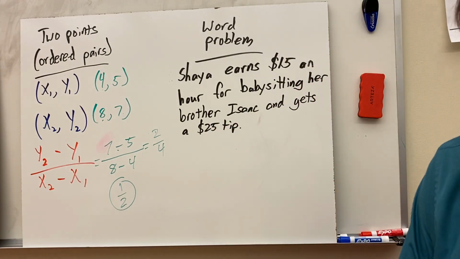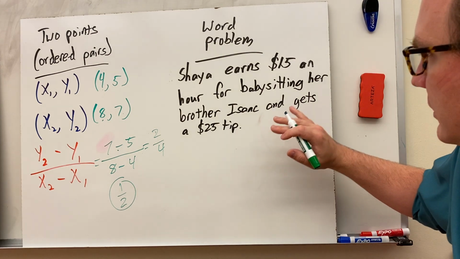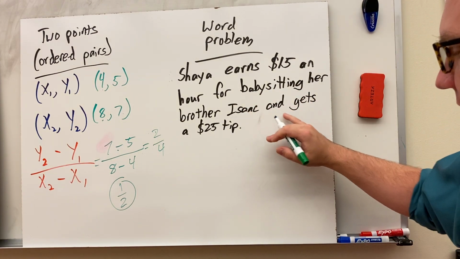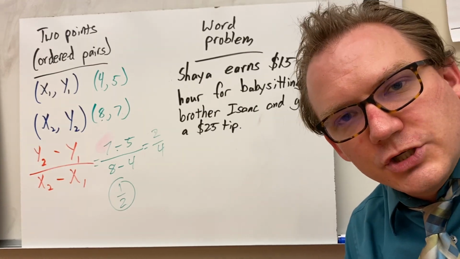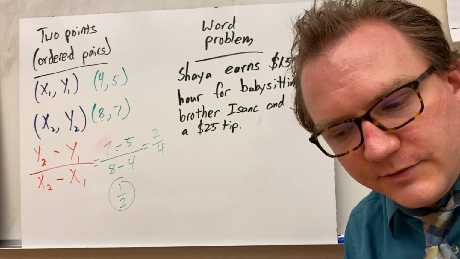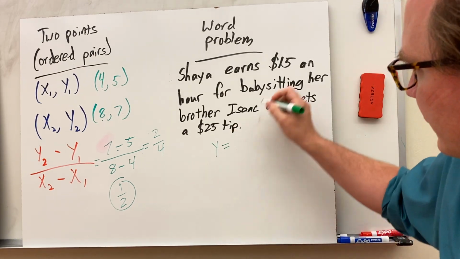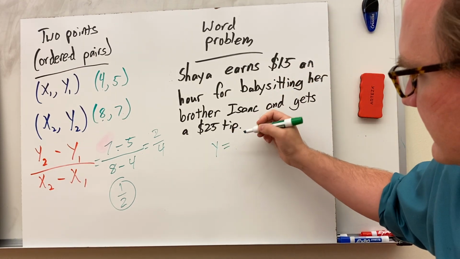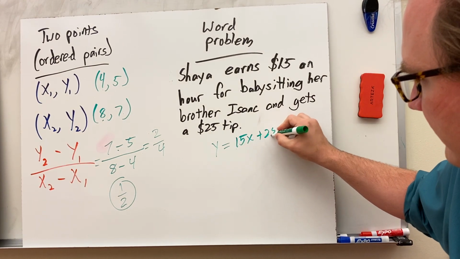Say I have a word problem. Shia earns $15 an hour for babysitting her brother Isaac and gets a $25 tip. You would want to set up a linear equation or some kind of an expression for this. In this case, I would say y equals 15 an hour, where x is the number of hours, so 15x plus 25.